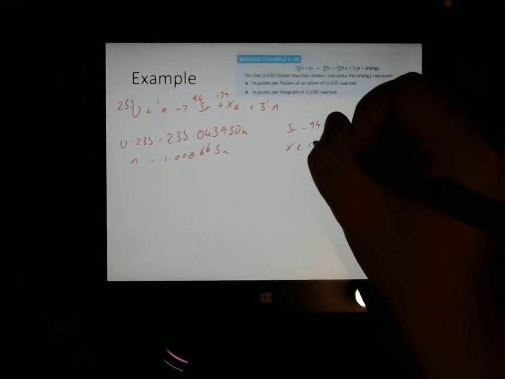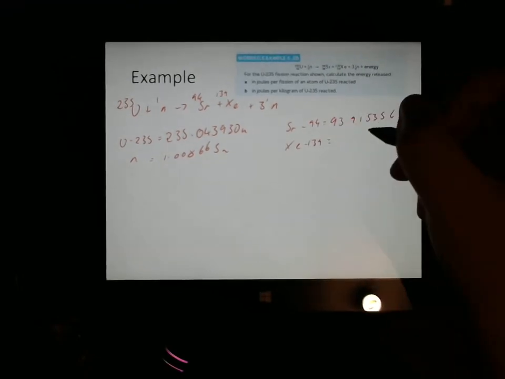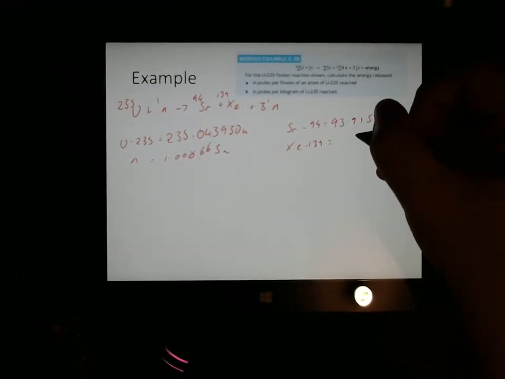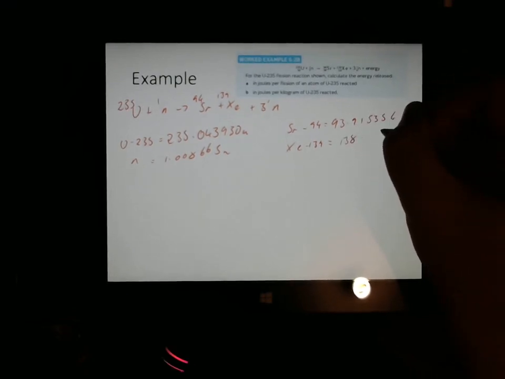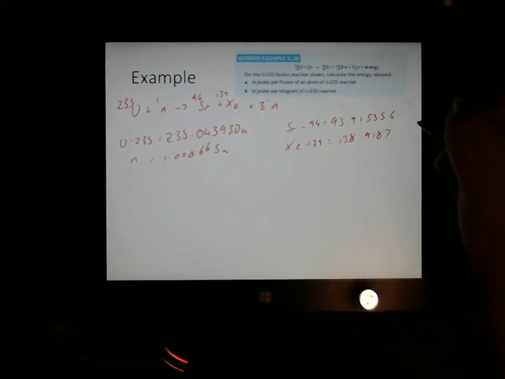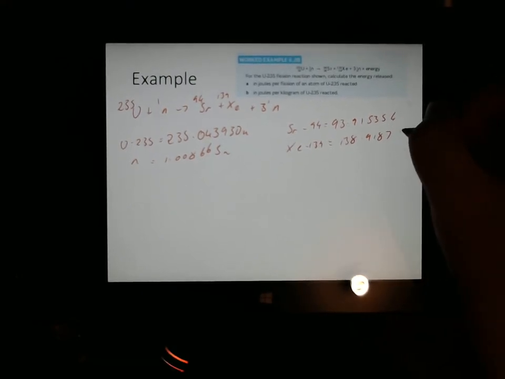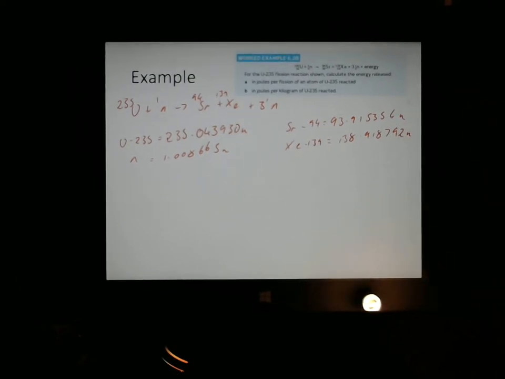Xenon 139 is 138.918792. So I should put the units on there.